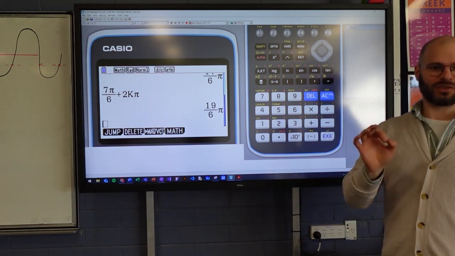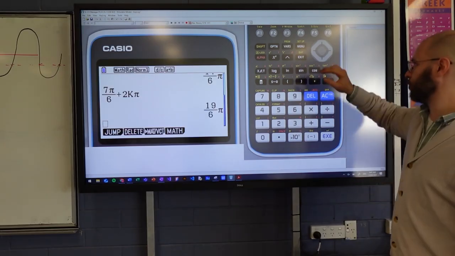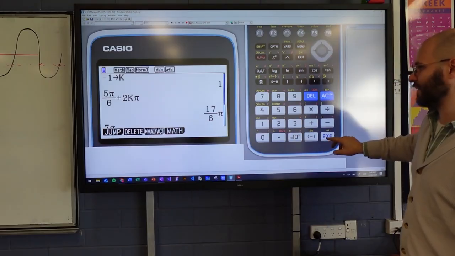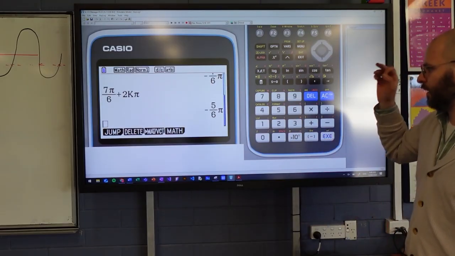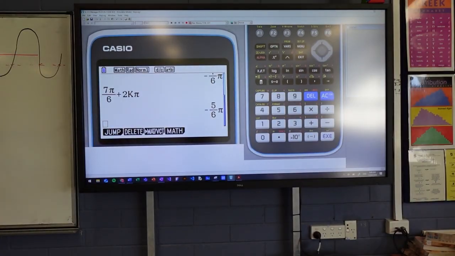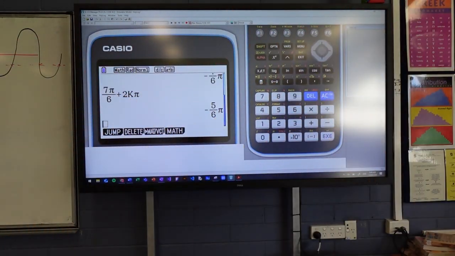Is this solution valid? No, it's too high, so we change the k to -1, we go down, bam, minus 5 pi on 6. My drawing was wrong, but that's okay. Do you see how you can use technology to solve these?